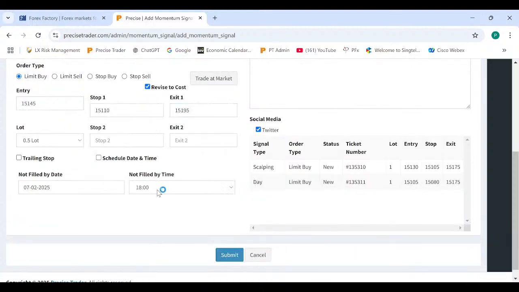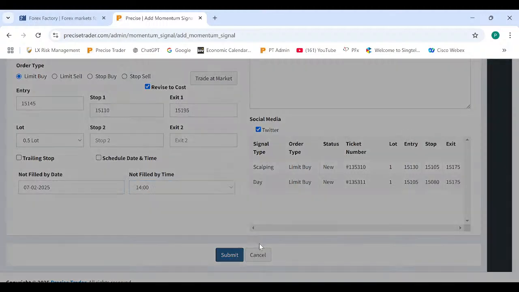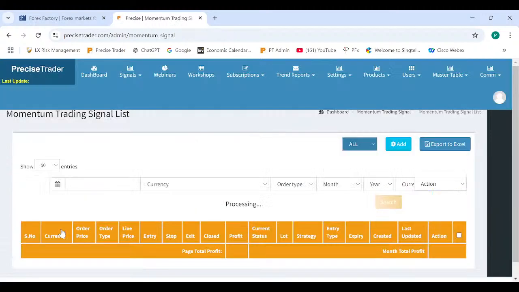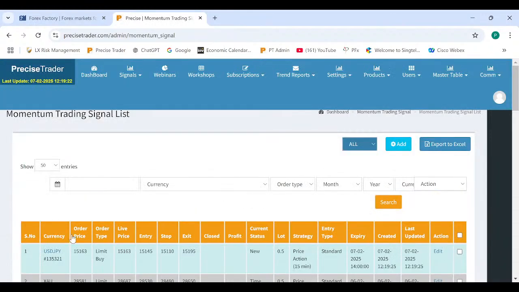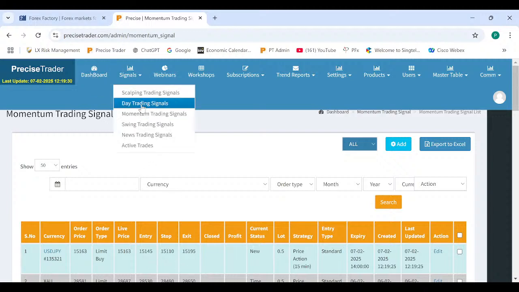This is only about 2 hours, because the level is only about 15 pips away. We are just trying to negotiate with the market. So we'll try to buy at 15145, stop 15110, exit 15195.